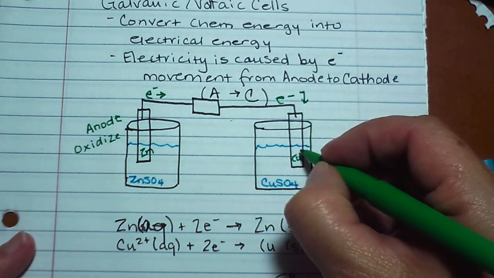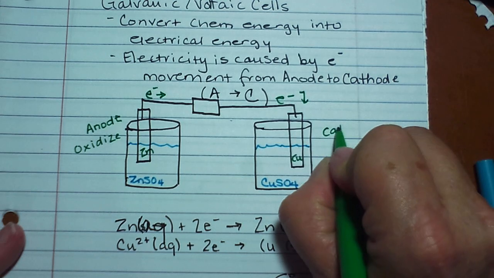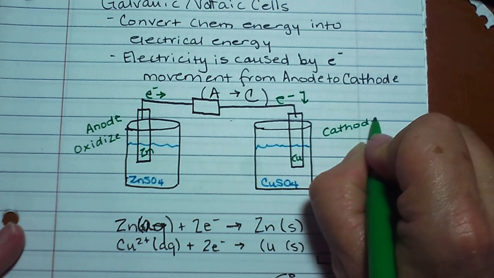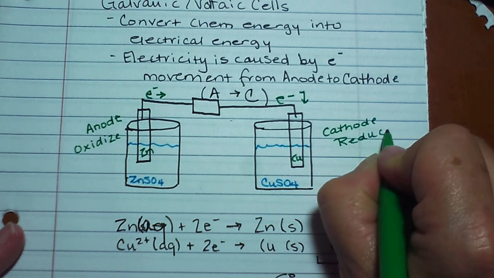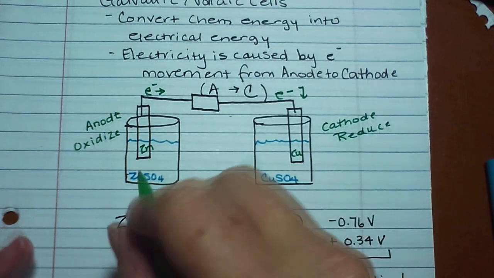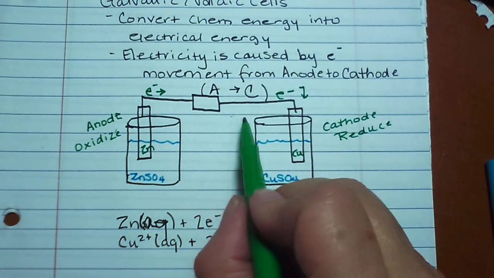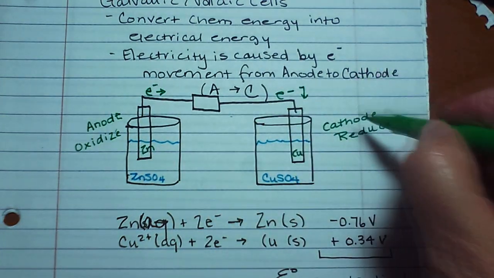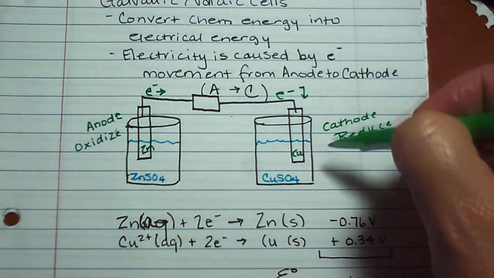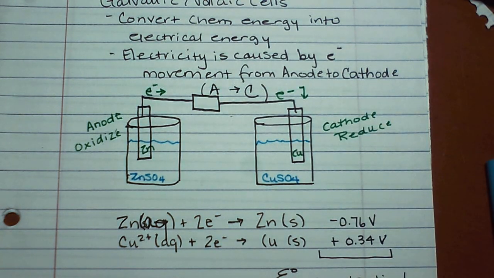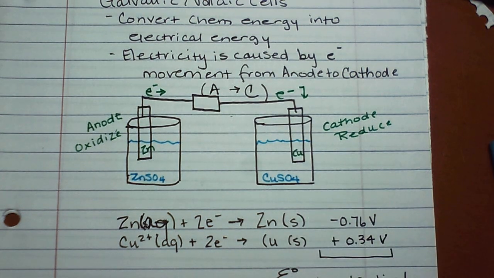They enter the cathode and reduce the cation. So we know the cathode is reduced.